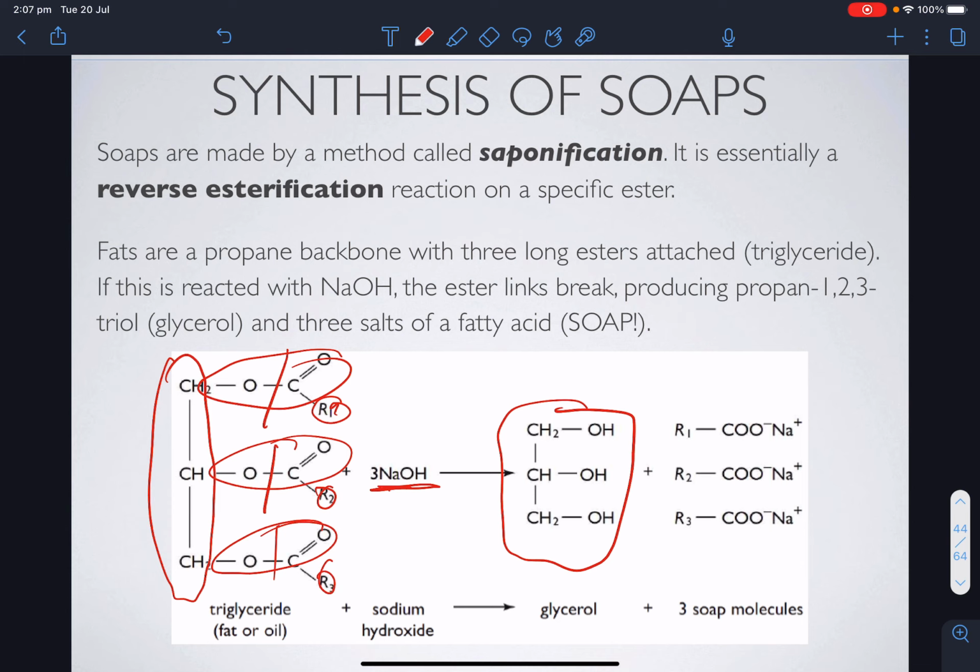That's left over. And then what we get is those long groups. Instead of being an ester group on the end, they're now soaps. So we get 3 soap molecules from a triglyceride, and 1 molecule of glycerol or glycerin.